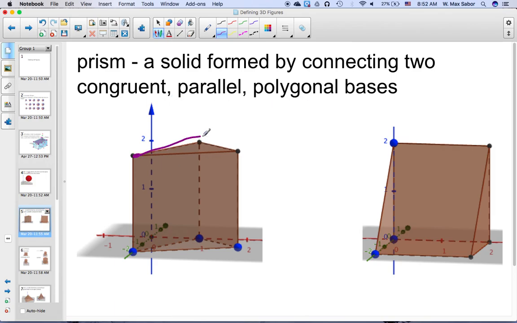So here, there's a triangle there, and there's a congruent triangle at the bottom, and they're connected directly. They're parallel, and they're both polygons. There are 2 polygons that are congruent, parallel, and polygonal, and that makes this a prism.